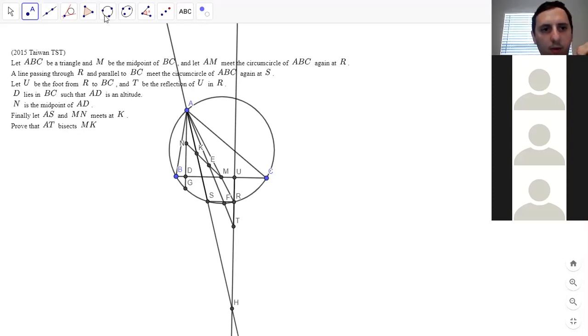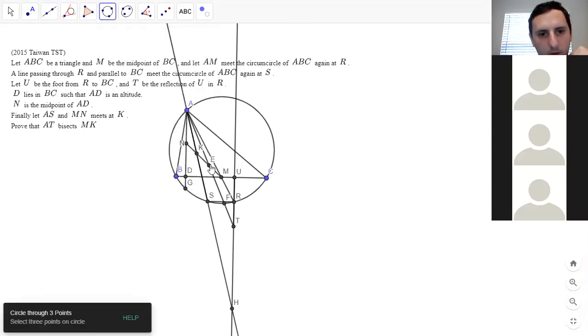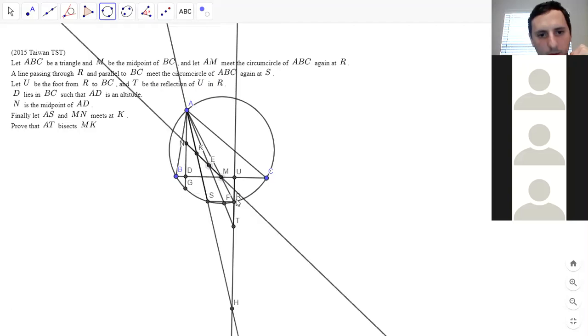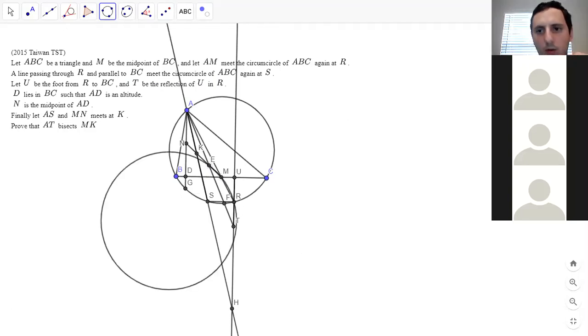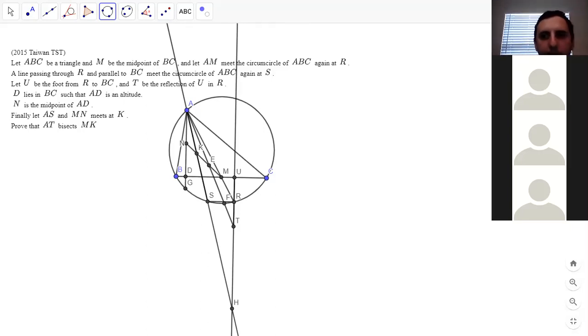Let me check something. No. So do we want to use K as the symmedian point somehow?